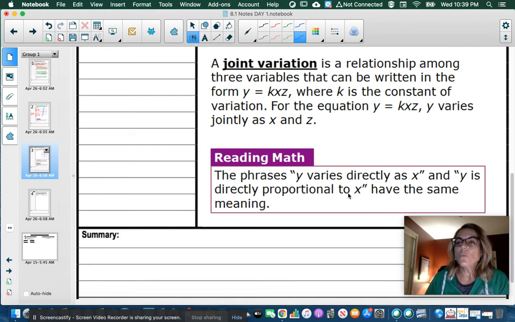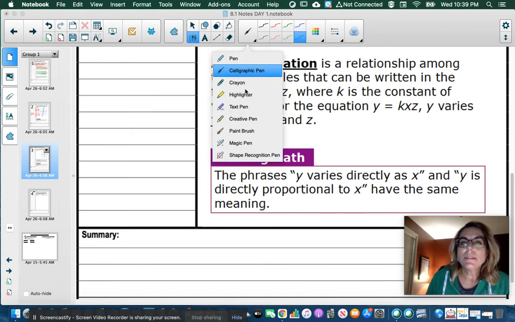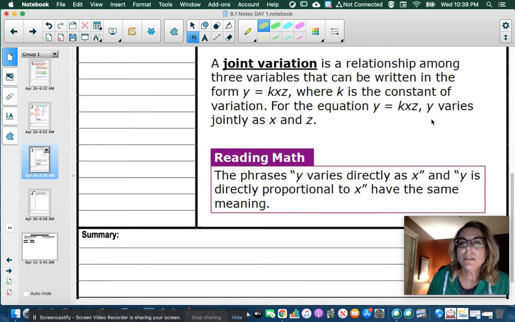For the equation y equals kxz, y varies not directly, but this time y varies jointly as x and z. And the wording is important to keep in mind.